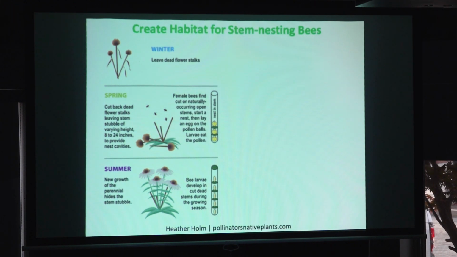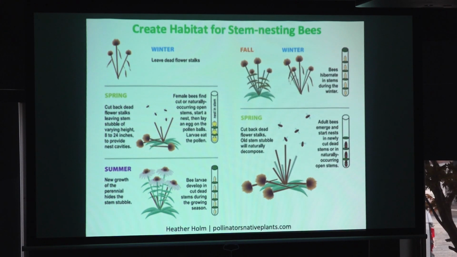That way, some of those bees might find them and use them as their brood chambers. And then leave them. The fresh vegetation will basically cover them up, so it won't look bad. And you never cut them at that point. And then the next spring, you cut back the dead stalks again, and proceed in the same manner.